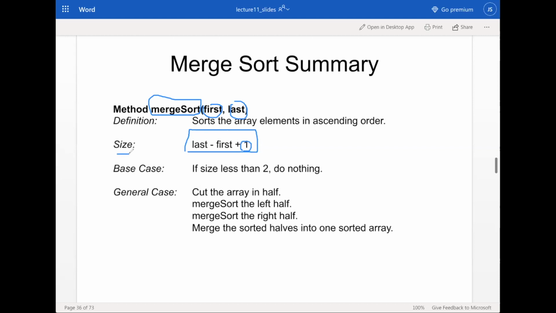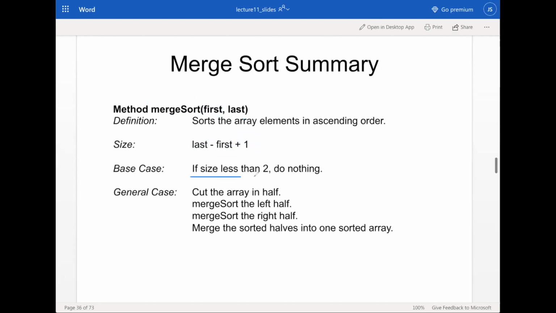Because we're using an array as the underlying buffer, and array indexing is always one less than the size. So the size is the difference between the last and first, plus one, because we need to convert it into a size.